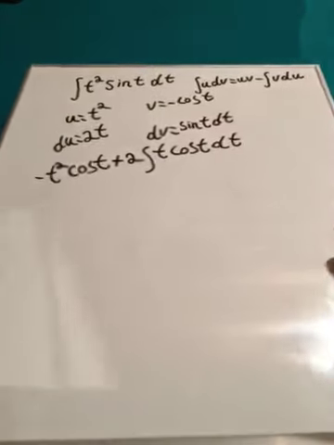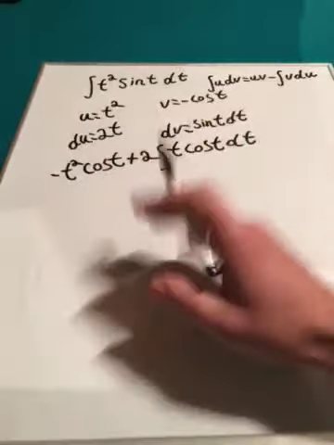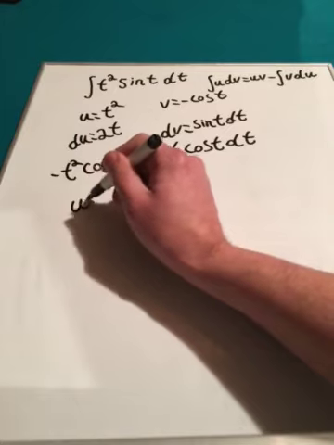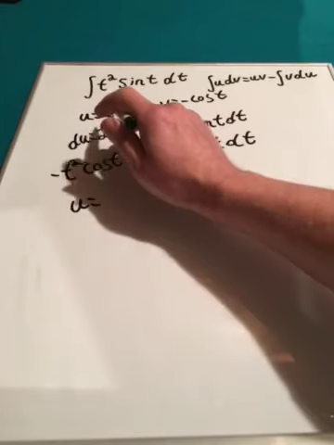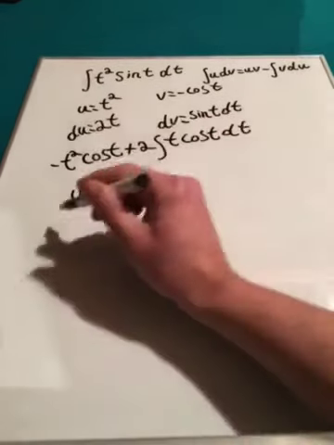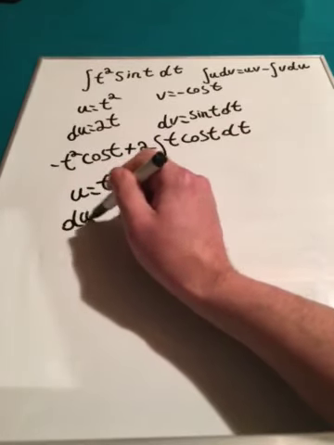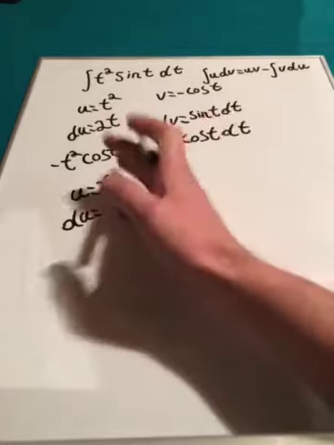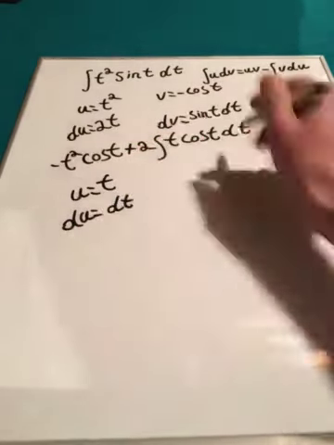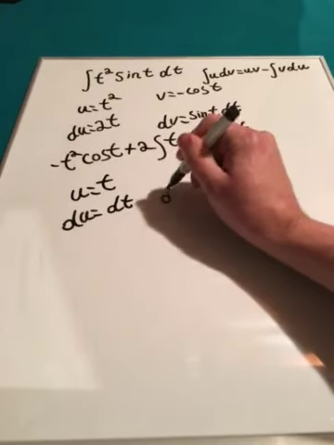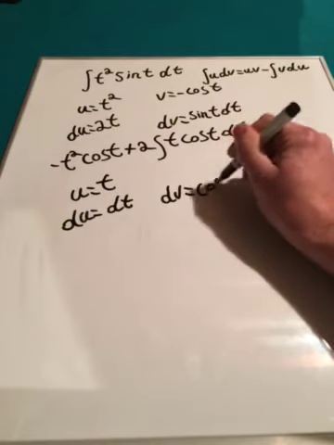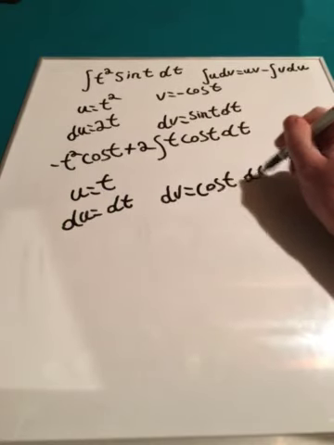So we set it up exactly the same, and we let u be t. And if u is t, then du is just 1 dt, or just dt. And if u was t, then our dv is going to be what's left: the cosine of t dt.